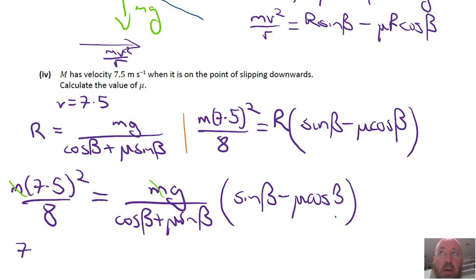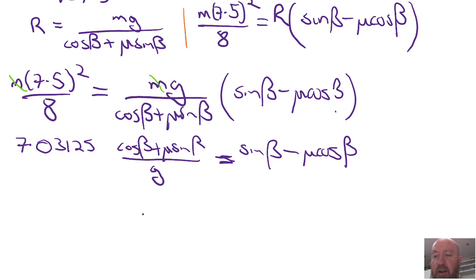But we know what cos beta and sine beta are. First of all I'm going to get rid of that g. So divide that 7 point thingy by 9.8 and you get 0.71747, and that's multiplied by cos beta, which is 3/5, plus 4 mu over 5, because it's mu sine beta, equals sine beta, which is 4/5, minus 3 mu over 5.